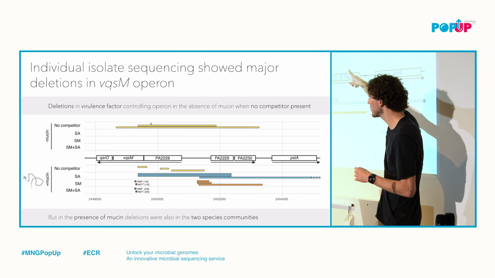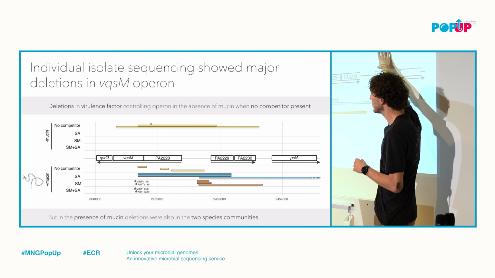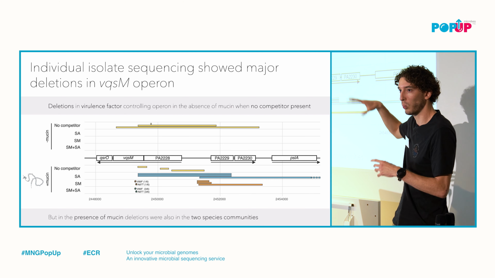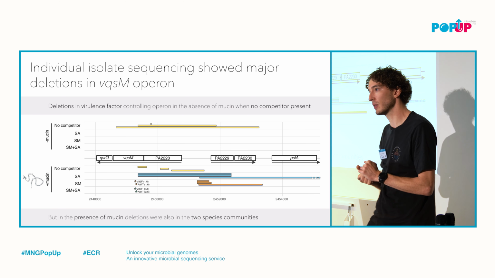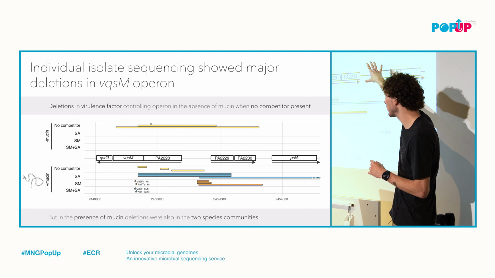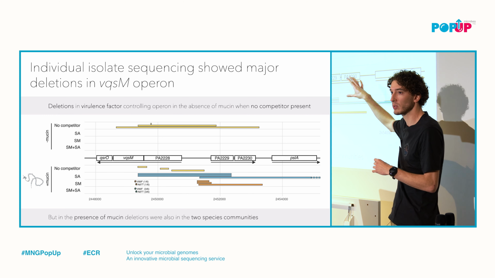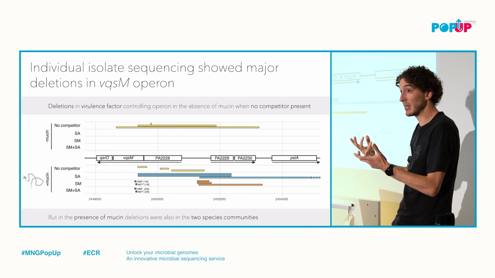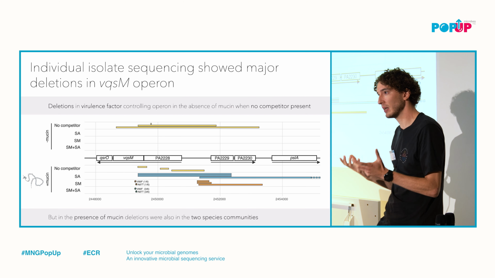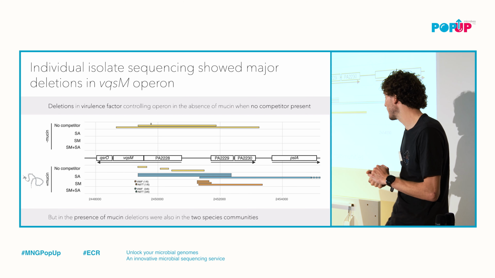But we never saw mutations or deletions in any of the competitions with other species in the absence of mucin, showing that the virulence factor production controlled by this operon was potentially essential to maintain this cooperative virulent phenotype in the presence of competition.